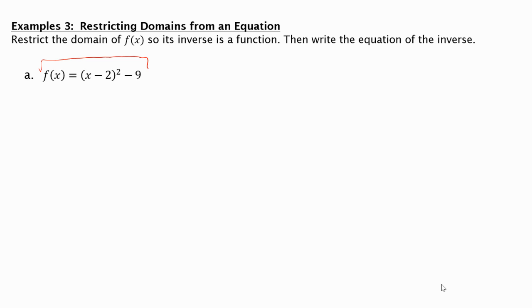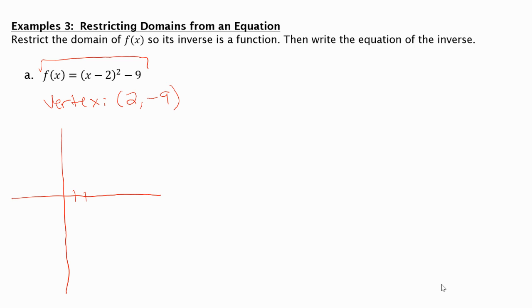But what we do know is that our vertex here, if it's in that vertex form that we remember from Math 2, is going to be 2, -9. And kind of like we saw in the last example, if we're looking at this parabola, I'm going to maybe just draw kind of a rough sketch here.